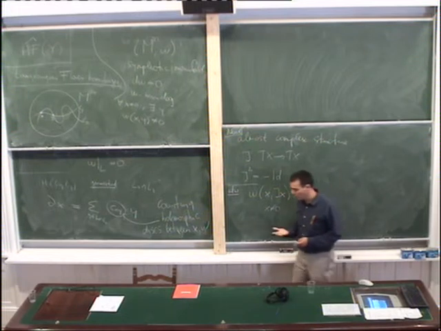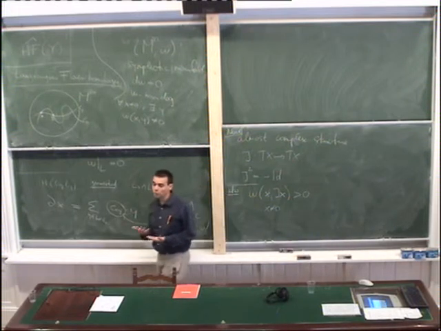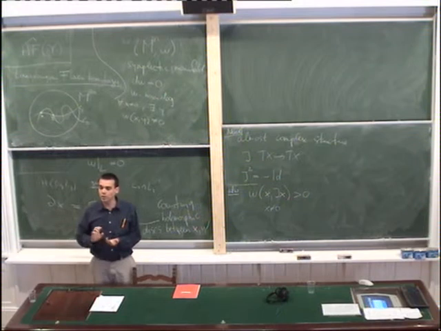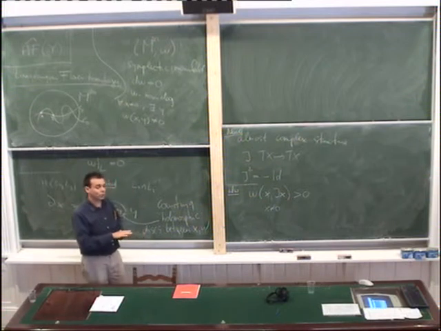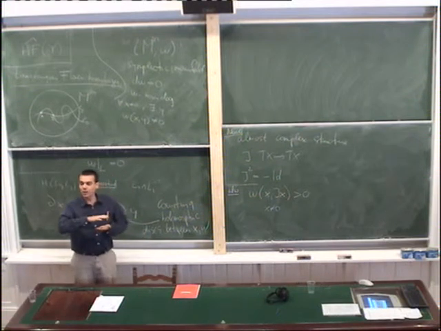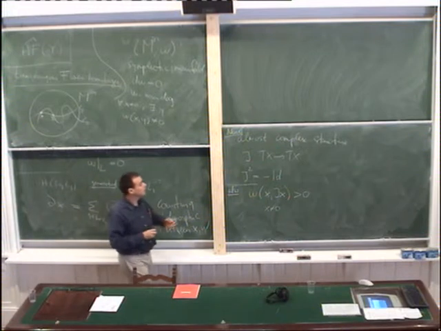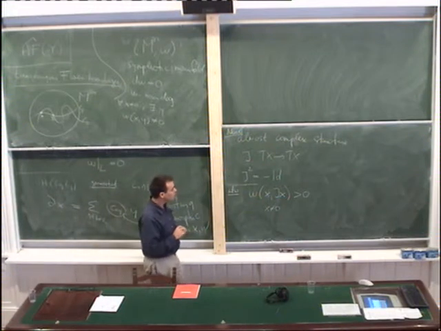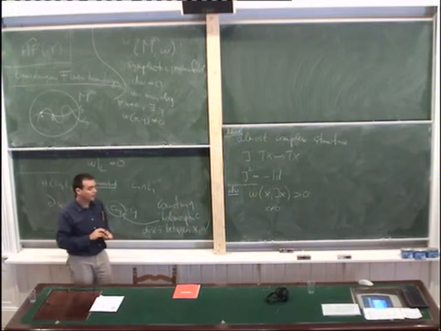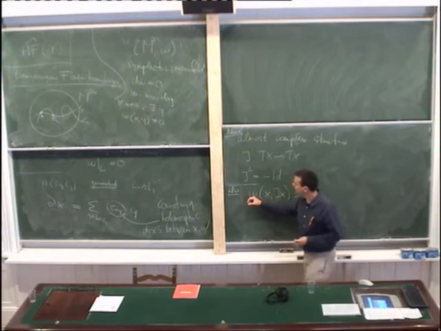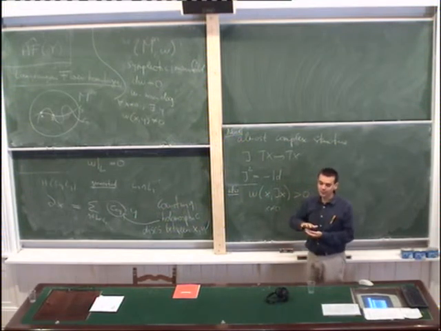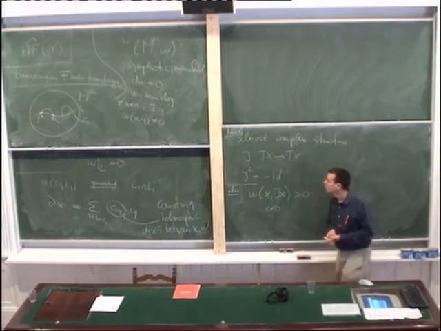In other words, multiplication by J is something like multiplication by i. If we had an actual complex structure on the manifold, then multiplication by i would be such a map in the tangent space. And what this condition says is that the symplectic structure on complex lines is positive. So that's a meaningful condition.